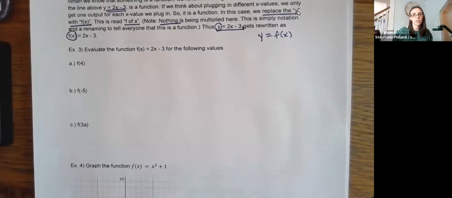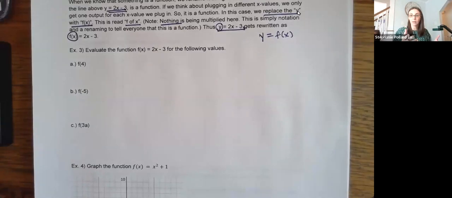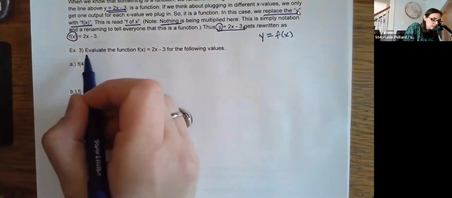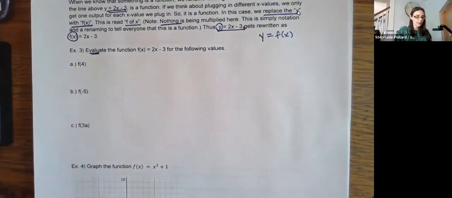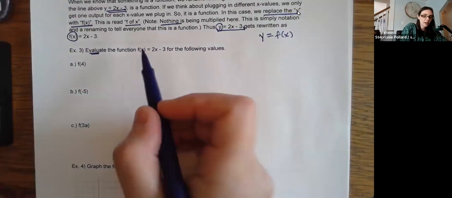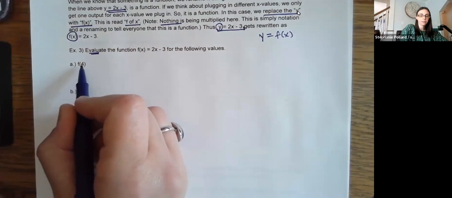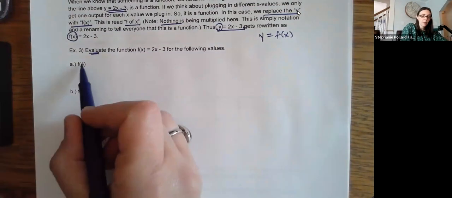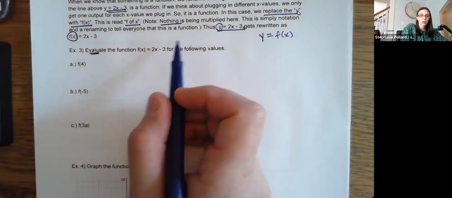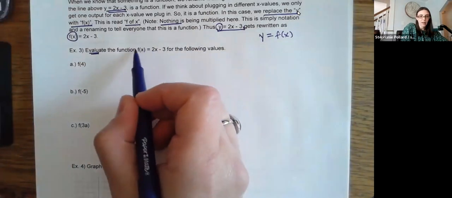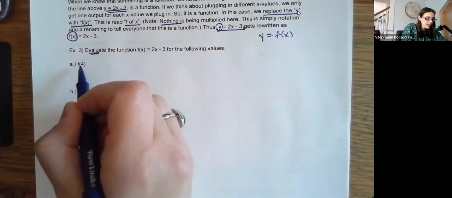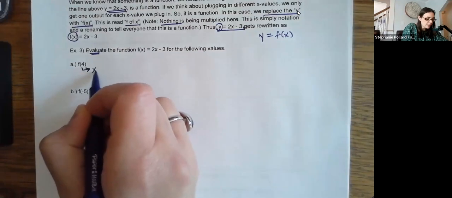So how do we use the notation? A lot of things we like to do with the function is to evaluate. So evaluate just means to find the value of something here. So we have the function notation, and I want to find something like f of 4. Now, this does not mean to multiply everything by 4. So in the notation, notice how the x value is inside. The inside number then is the x value.